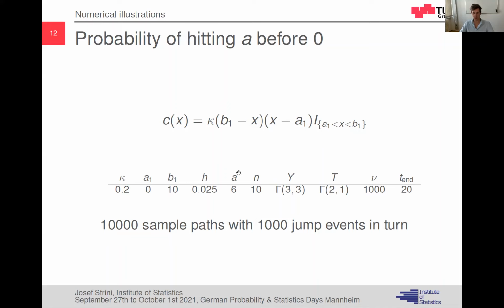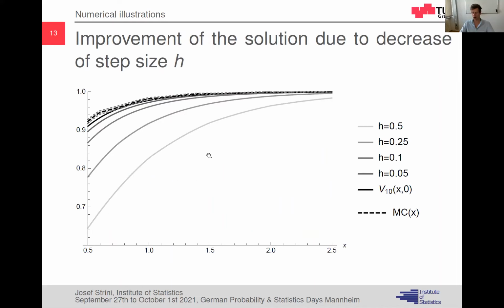And we want to hit the value A equal to 6, and Y and T are both gamma distributed. Then we obtain here, if we decrease the step size h, then our function, which is here the solution of the ODEs, really approaches the solution we obtain via Monte Carlo simulation here in the dashed black line.